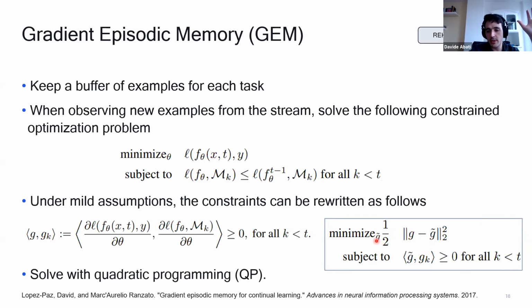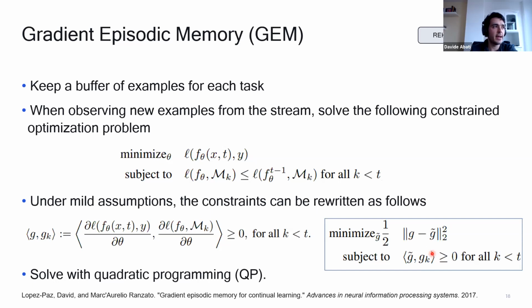So you want to find the perturbed gradient G tilde, which is as close as possible to G, and G is the gradient from the stream, such that for each gradient coming from the past task, G tilde has a positive dot product with them.